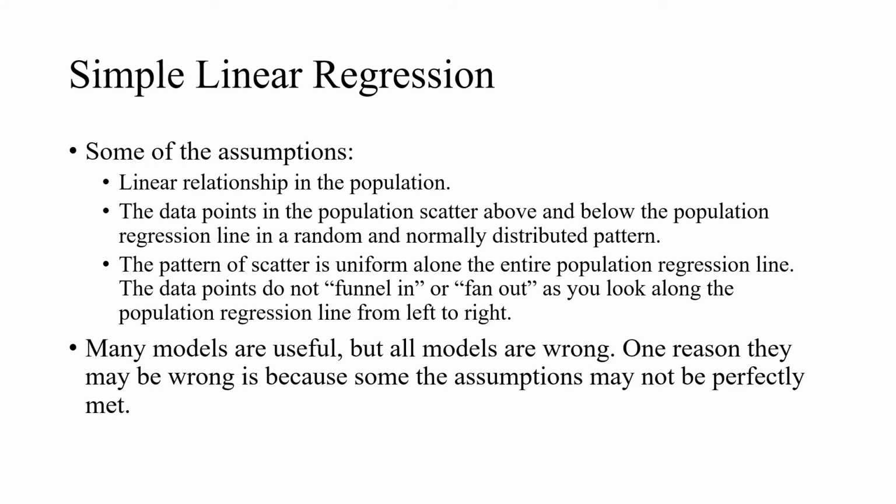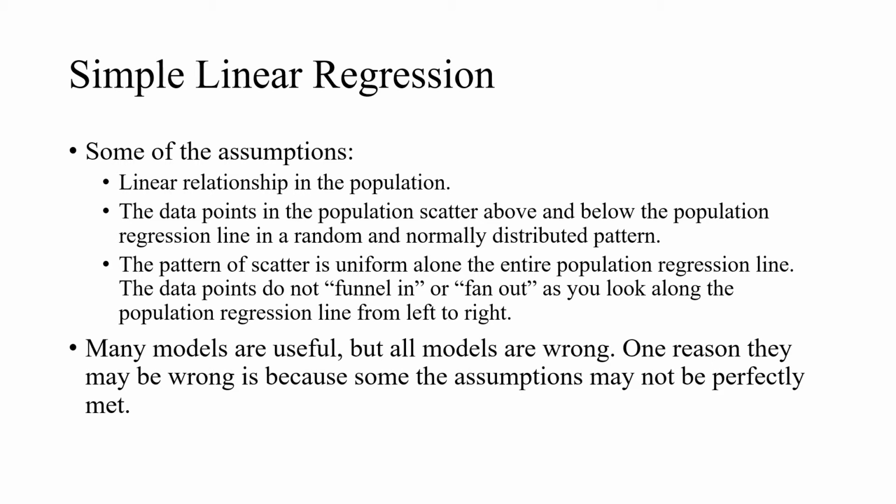Linear regression is based on several assumptions. One assumption is that there is a linear or straight line relationship between the variables. A scatter diagram and other graphs can help validate the linear assumption. And if the relationship does not look linear, another model might be preferred. Another assumption is that the scatter above and below the regression line is independently random and normally distributed.